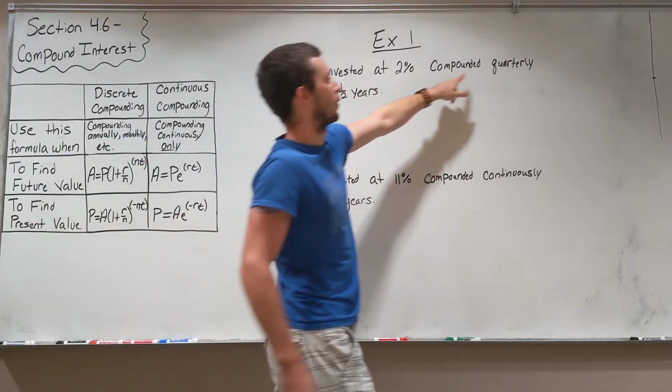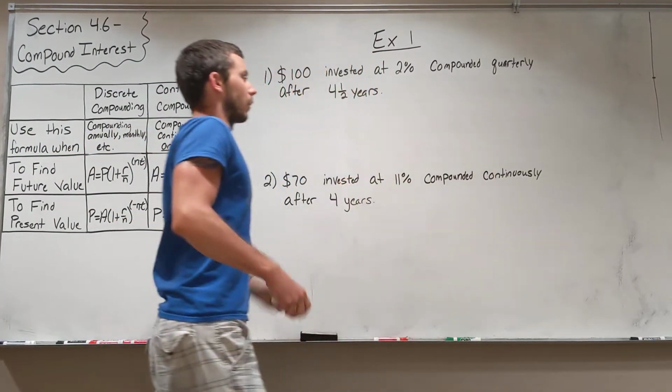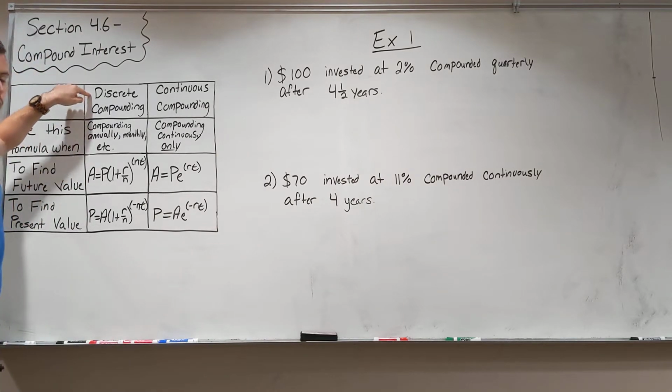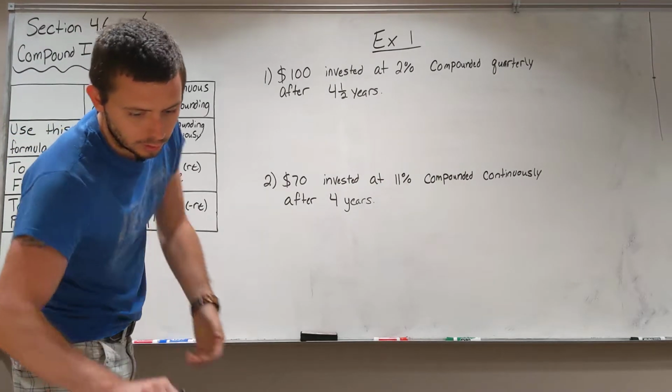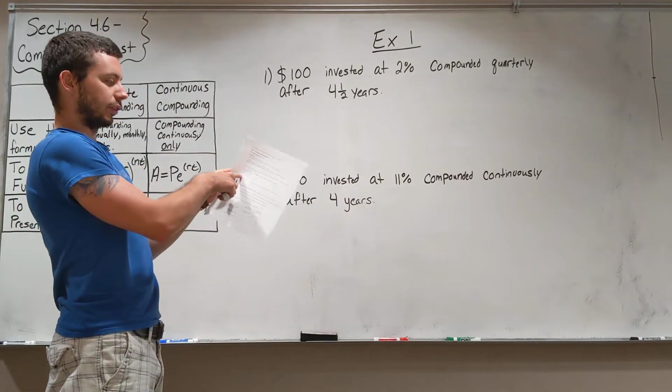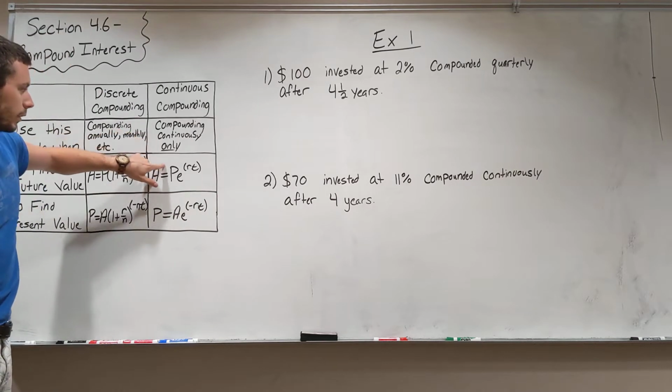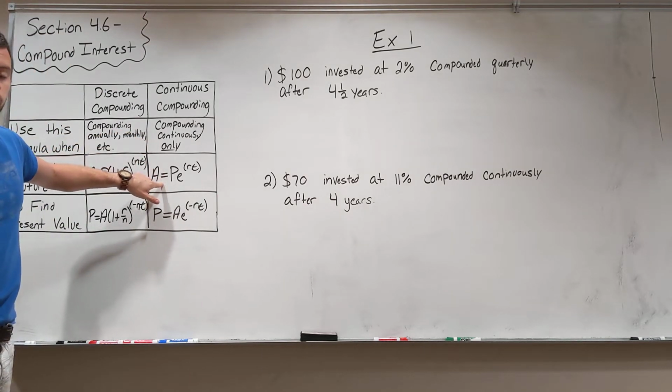Now it says compounded quarterly. Compounded quarterly would fall under the discrete compounding. And you might notice that from the list of types of compounding, you only use this formula whenever it says compounded continuously, and it will tell you that.